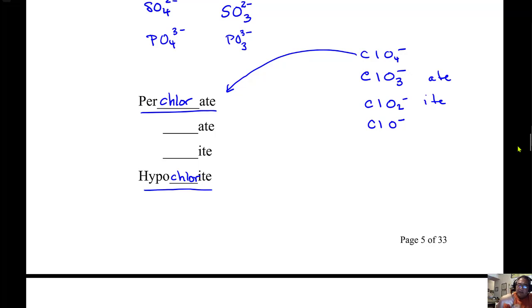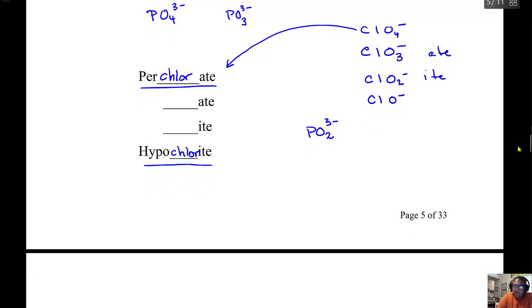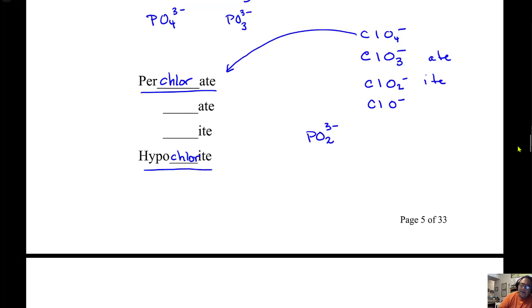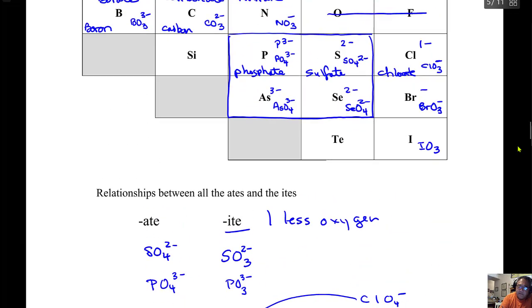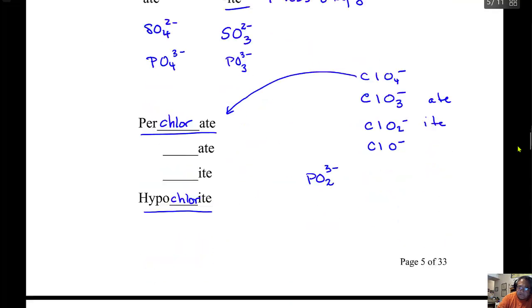So you might see something like this. Oh, and the charge stays the same, right? So this is important in understanding how this works. Now, PO2 3 minus. Well, let's think about phosphorus. If I wanted to name that, phosphorus is in this group here, one of the 4, and it has a -3 charge.